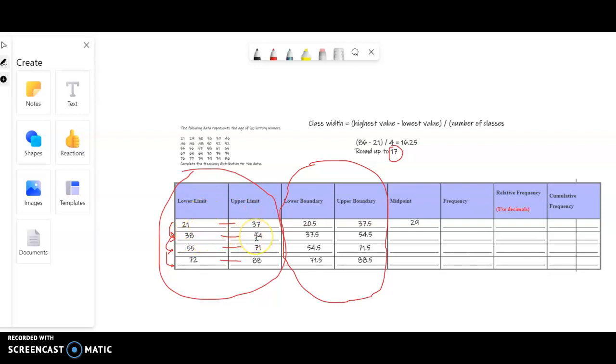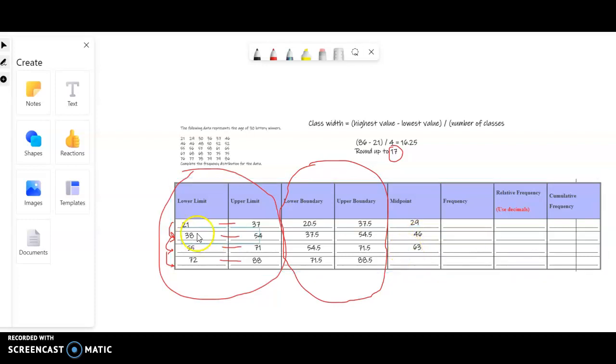38 plus 54, enter, and then divide by 2. 55 plus 71, enter, divide by 2. And one thing I want to point out as we're going, this class width that we had, it's useful here also. 29 plus 17 gives you that 46. 46 plus 17 gives you that 63.